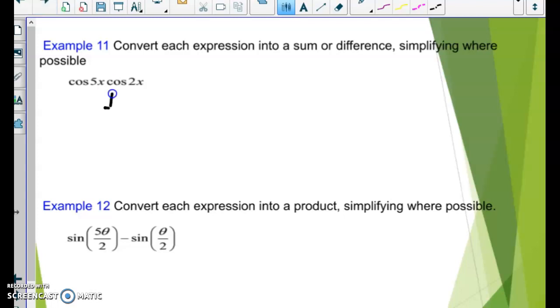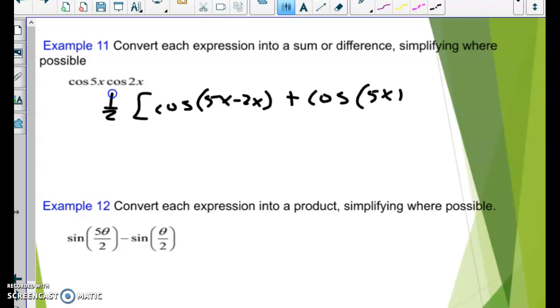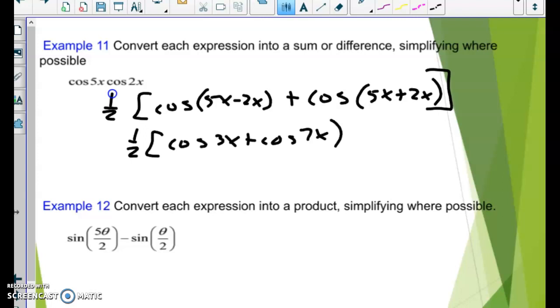So I'm going to use 1/2 cosine of 5x minus 2x plus cosine 5x plus 2x. And if I simplify that down, I get the cosine of 3x plus the cosine of 7x.